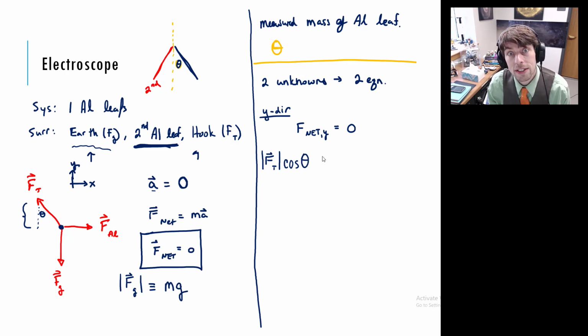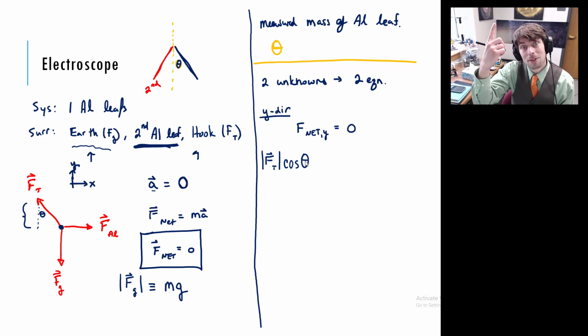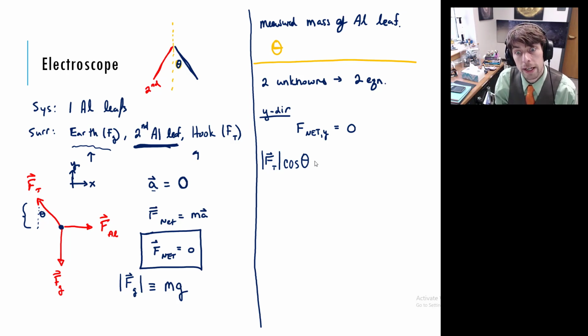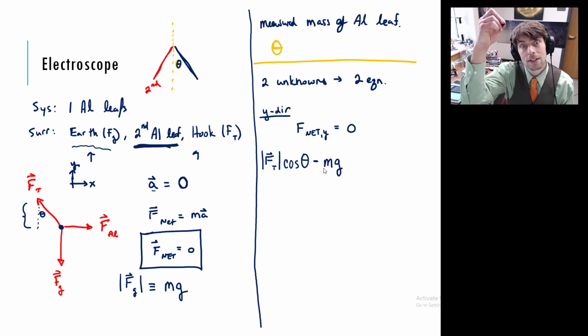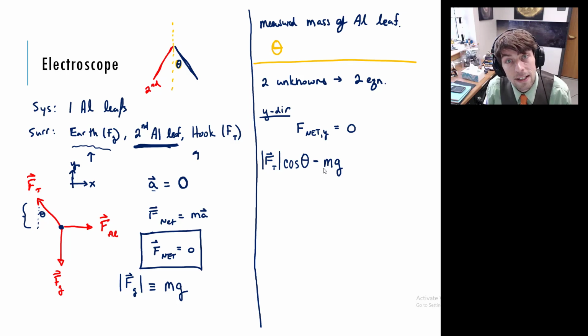And then we have the gravitational force. Notice that because I have chosen to call up away from the floor as my positive y, I should include a negative sign for my gravitational force because it is not pointing in the positive y direction, it is pointing in the negative y direction. And so I finally have an expression.